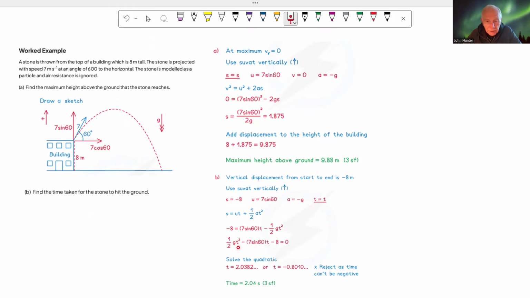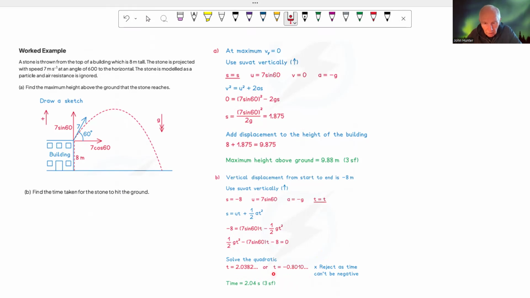All right, and as I mentioned before, this is a quadratic in t. Generally speaking with these things, when we solve this quadratic, as has been done here, t equals 2.0382 or t equals minus 0.8010. Well, we're going to reject this part of the solution because we're only thinking about positive time.